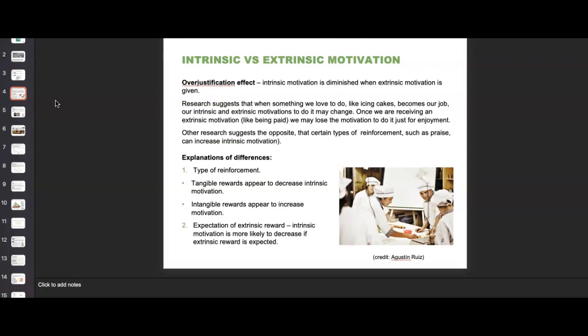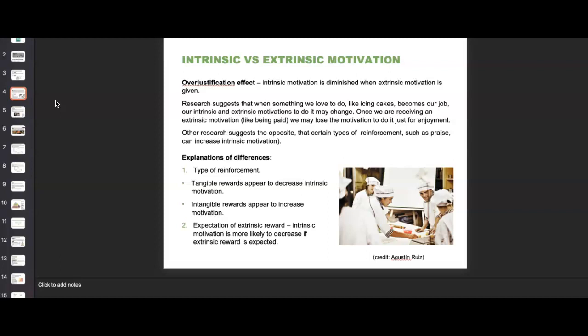Intrinsic versus extrinsic motivation, when we look at them deeper, we look at things like the overjustification effect. This is when intrinsic motivation is diminished when extrinsic motivation is given. So research suggests that when something we love to do, like icing cakes, becomes our job, our intrinsic and extrinsic motivations to do it may change.